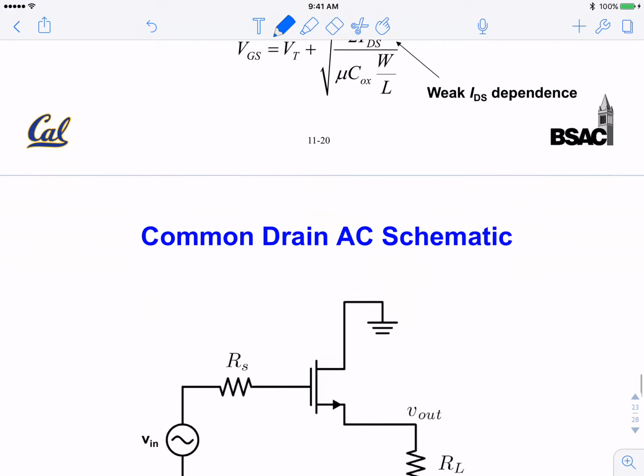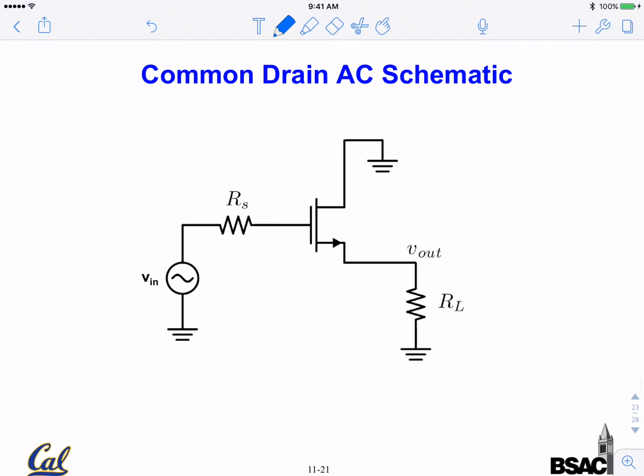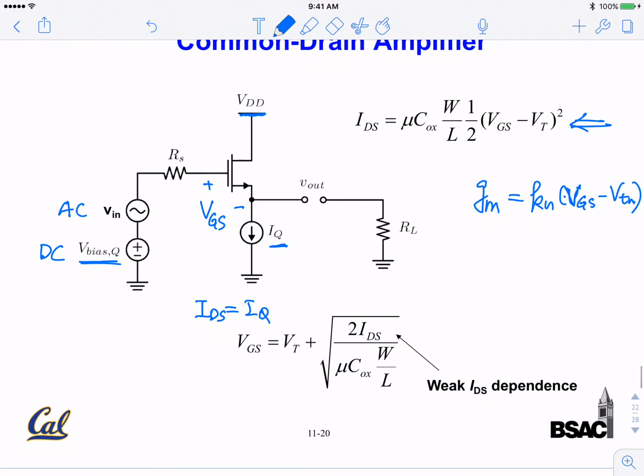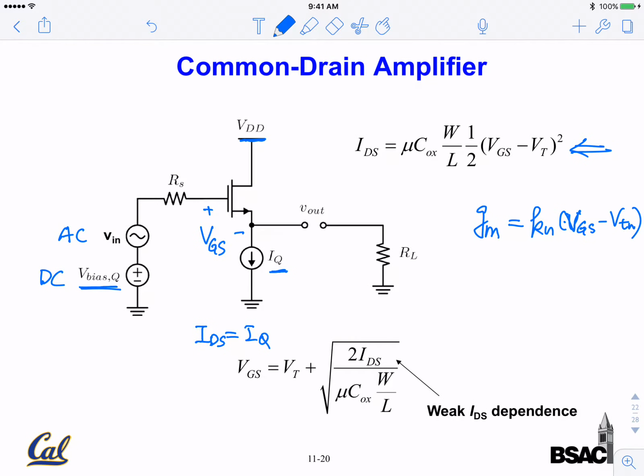And so that's your small signal. We can then convert that to the AC small signal circuit. Let me get back to this value here. Usually we first draw on this diagram: for AC, we convert VDD to ground, we convert this DC bias to short circuit, and convert the current source into open circuit.